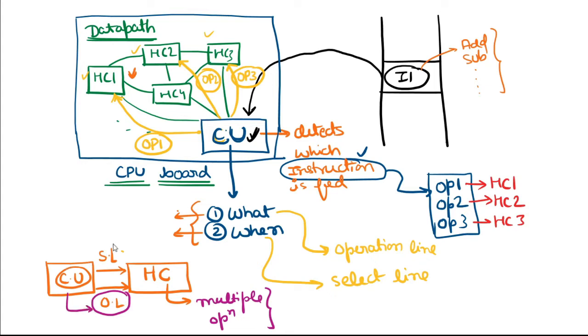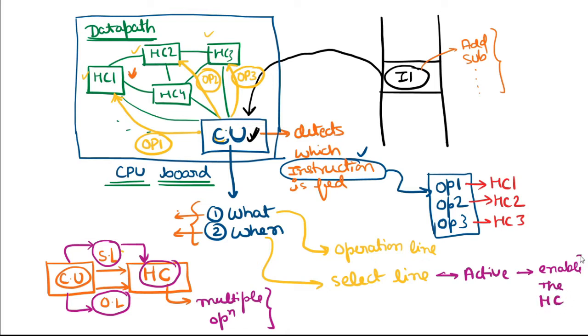And when this particular hardware component will be working, in which particular tick it will be working, will be told via the select line. What the select line does is, whenever it is active, that means enable the hardware component for that particular tick.